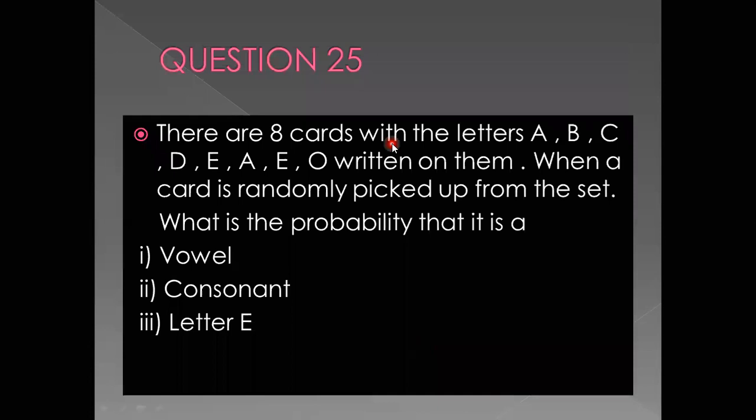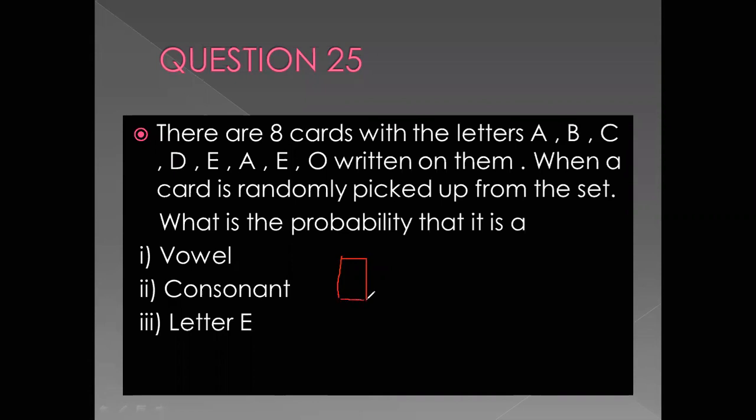Question 25. In question 25, it is said there are 8 cards. So as there are 8 cards, again this card is not a playing card. These are the different cards where the letters are written on the card.